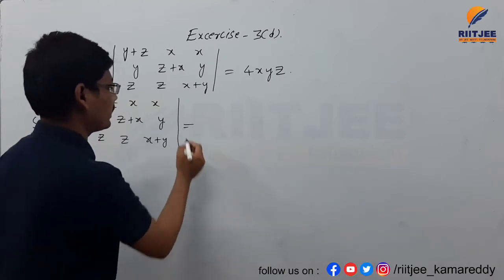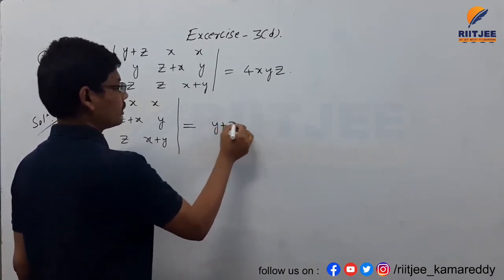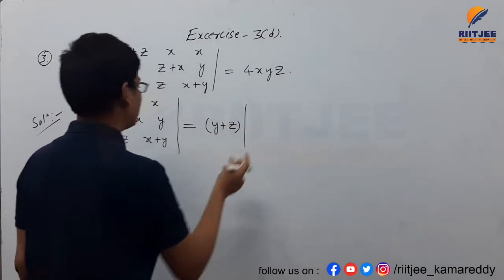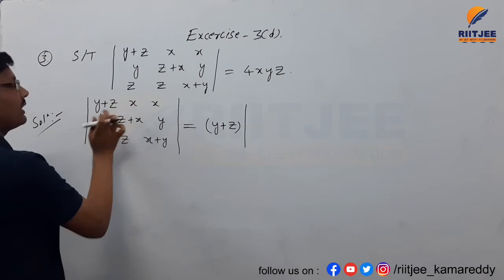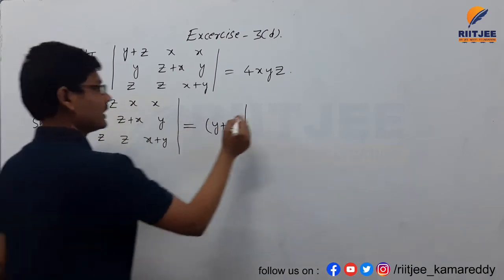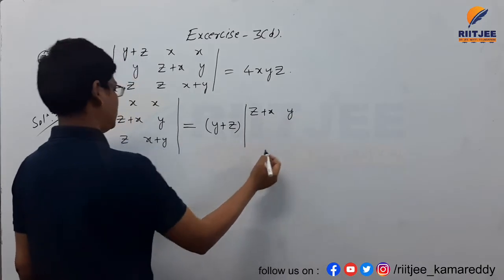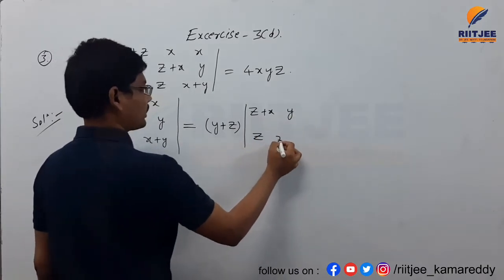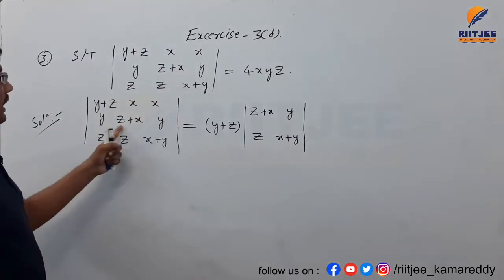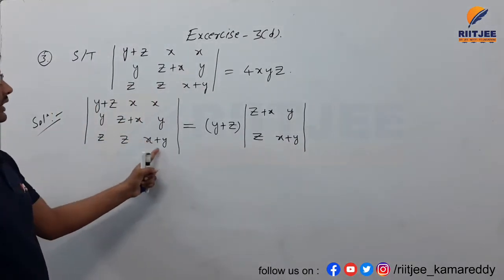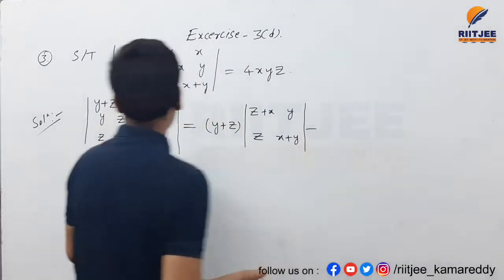This is equal to y plus z into, eliminating the row and column which has y plus z, the determinant of z plus x, y; z, x plus y.